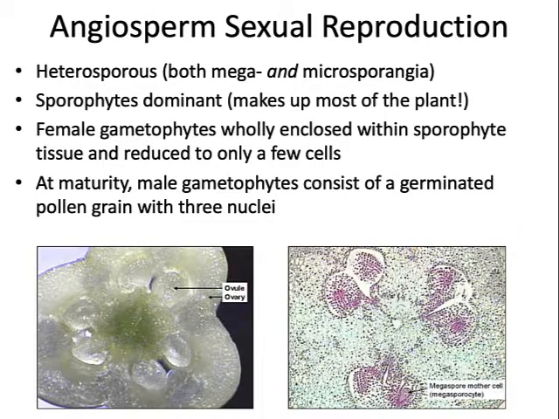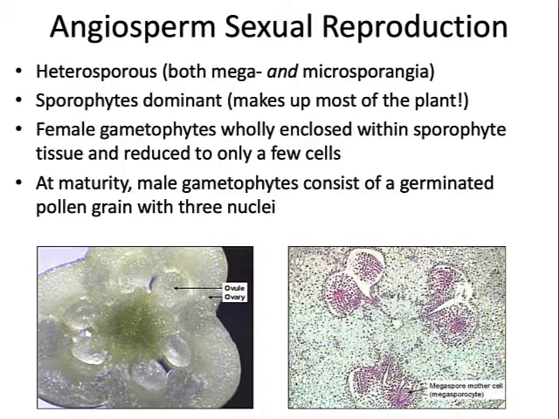Angiosperms reproduce sexually. There are sperm and egg cells involved. They are heterosporous, meaning that they produce both a megasporangium and a microsporangium. And just like the gymnosperms and the seedless vascular plants, they are sporophyte dominant. The sporophyte generation for their alternation of generations life cycle makes up most of the plant.